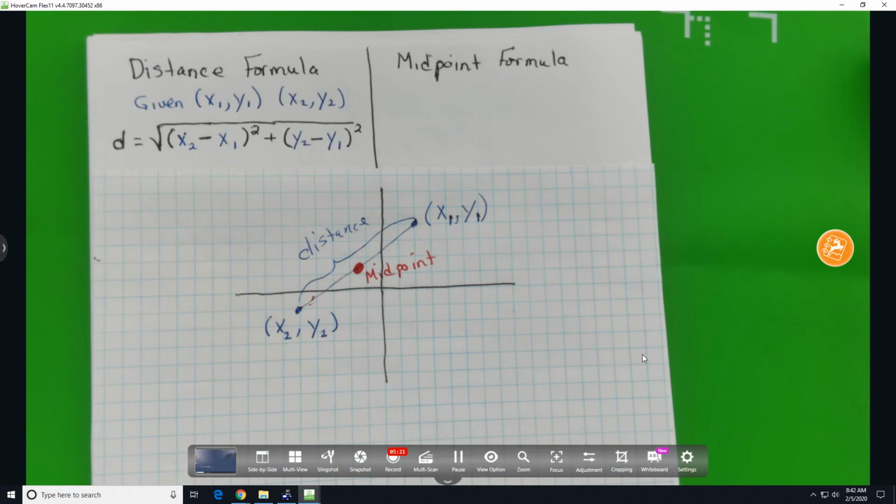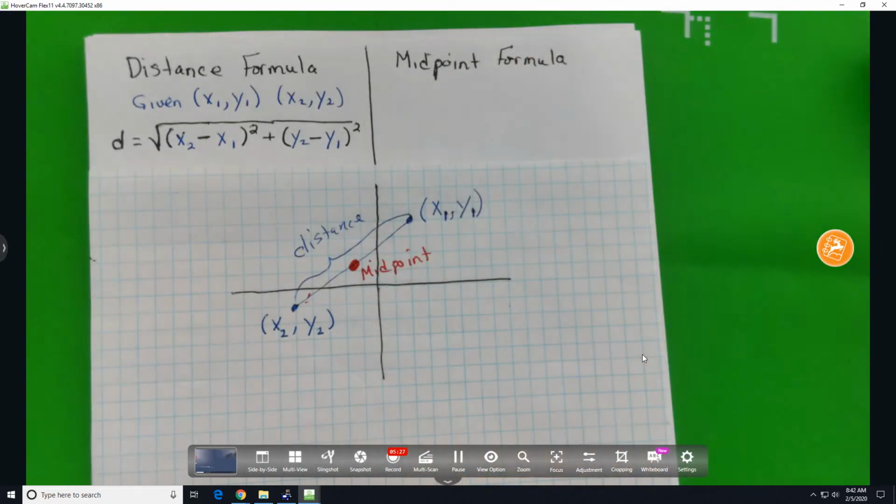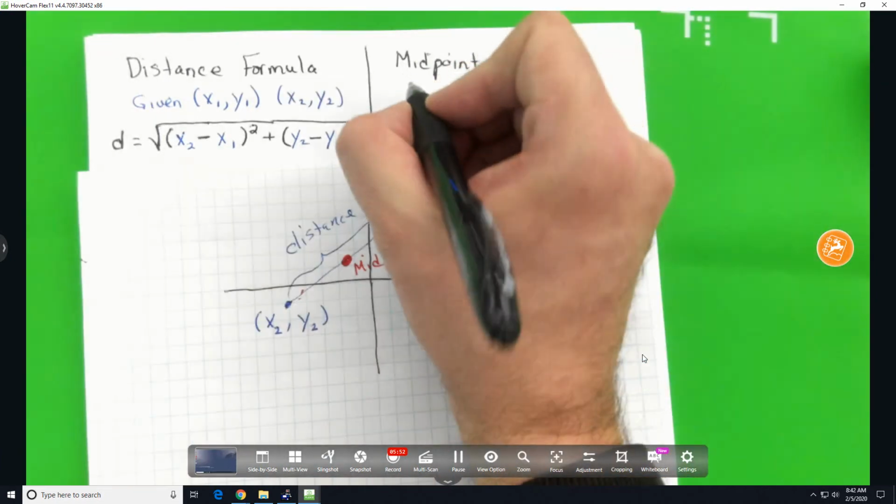To calculate any number in the middle, you just calculate the average. What number's right between 10 and 20? Number right between 10 and 20 would be 15. 10 plus 20 is 30. Divide by 2, 15. To get a number right in the middle of two numbers, just average.